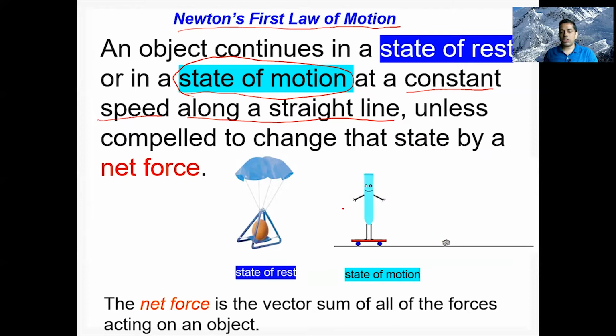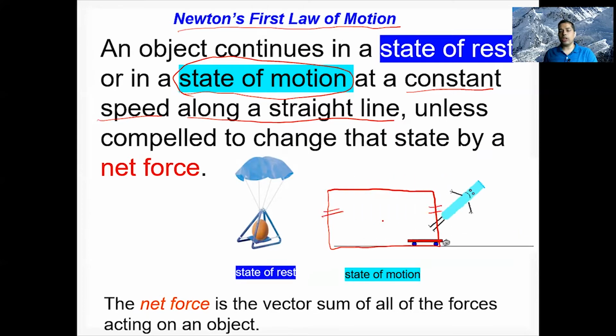Let's take a look at this example here, this GIF. If you consider from here to here, this guy is moving in the state of motion. He keeps moving in a straight line with constant speed until this position.